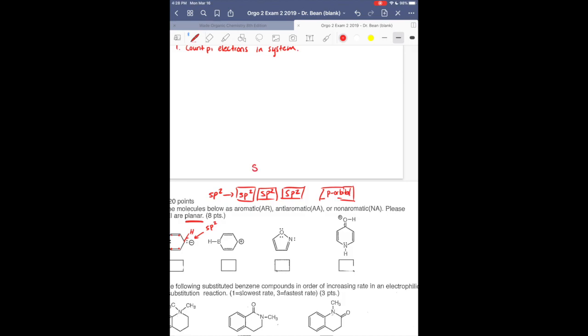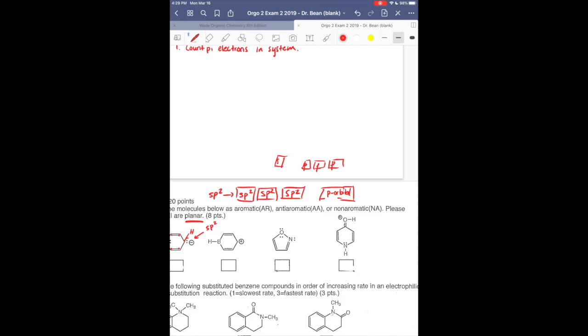So imagine you have an S, a P, and a P, and these morph together and make a hybrid sp2 orbital. Then of course you still have that remaining P, because you typically have an S orbital and then a P, P, and P. That's the maximum.